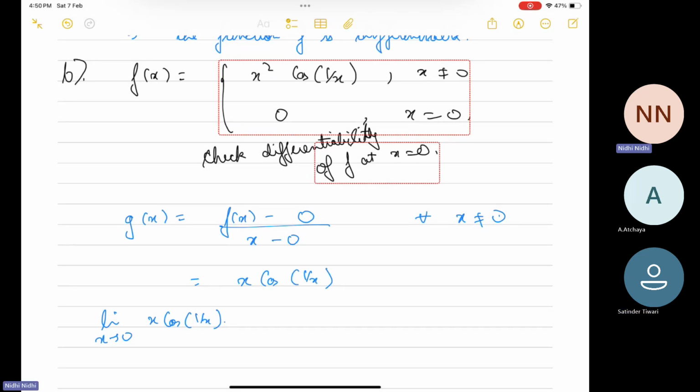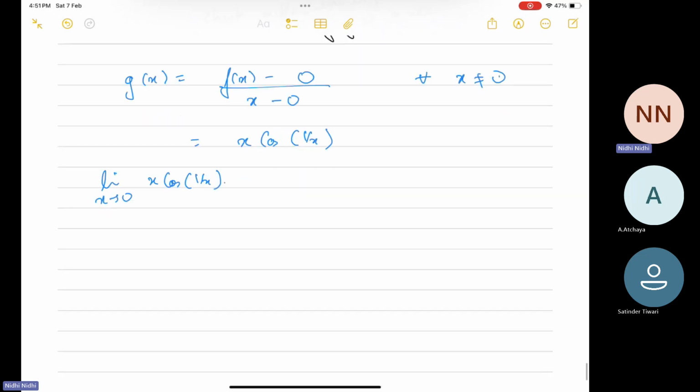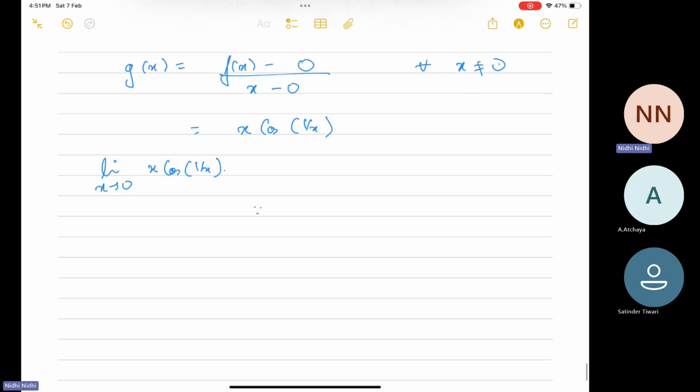Basically, we are using the squeeze theorem, or the sandwich theorem. It's in between two functions which are converging to 0. Since cos 1 by x is between -1 and 1, x cos 1 by x will also be in between -x and x. We can prove this for x positive and negative as well, by multiplying everything by x.